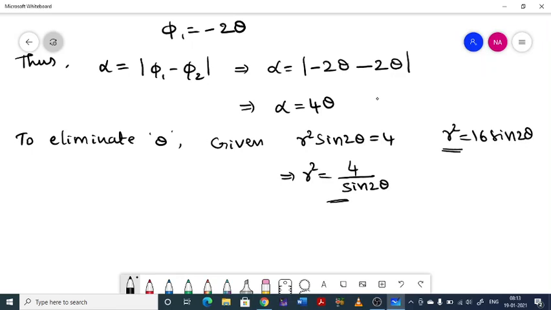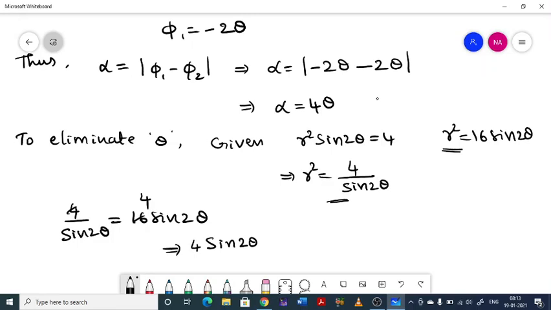Equating these two, we will be getting 4 by sin 2 theta equal to 16 sin 2 theta. So 4 into sin square 2 theta equal to 1. So that we can also write as 2 sin 2 theta whole square equal to 1.